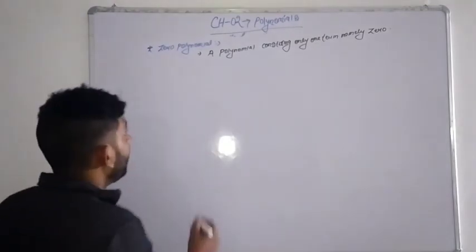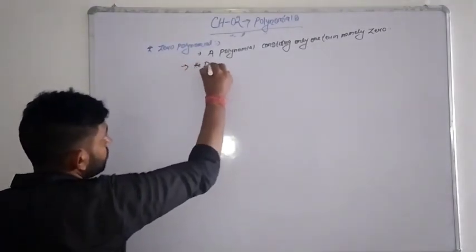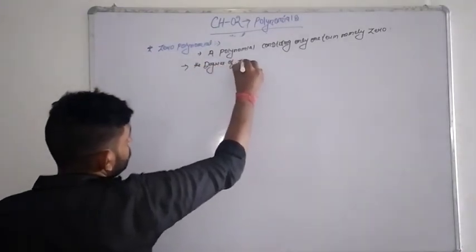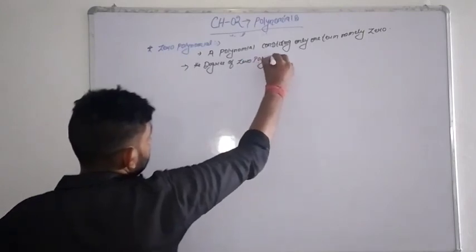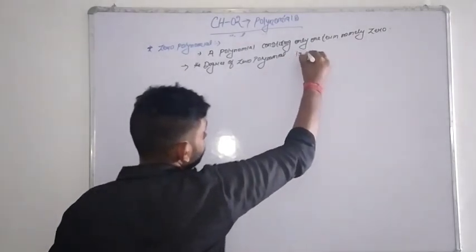And the degree of the zero polynomial is not defined.